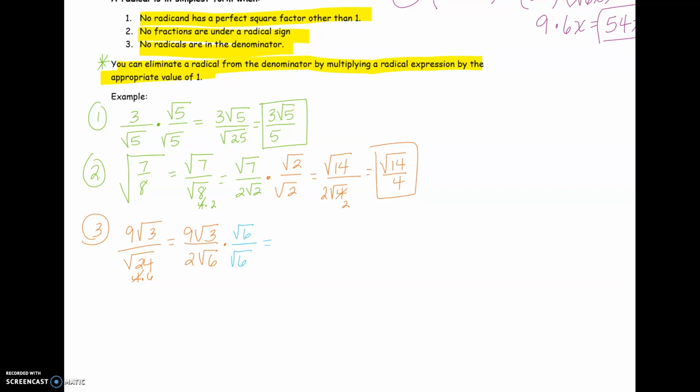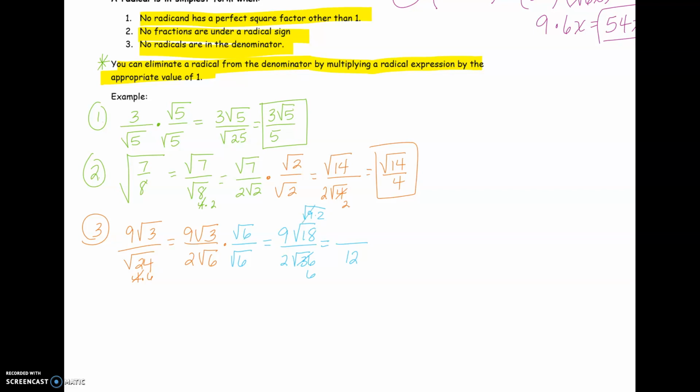When I do that, I get 9 times the square root of 18 over 2 times the square root of 36. 36 is a perfect square at 6, so this becomes 12 in the denominator. 18 has a perfect square factor. I'm just going to write it above here. 9 times 2.